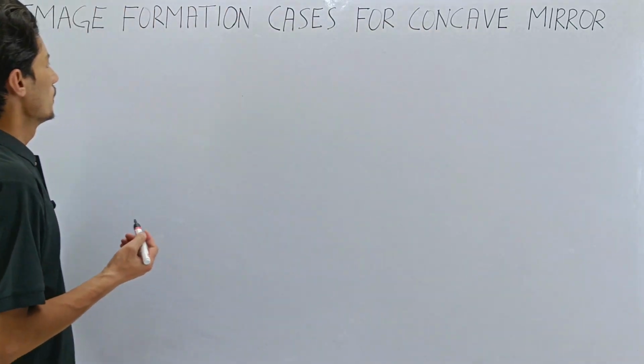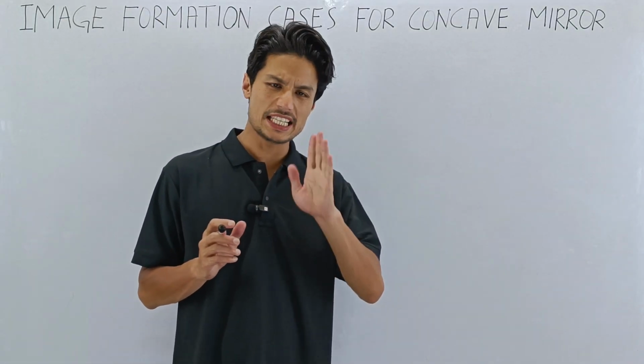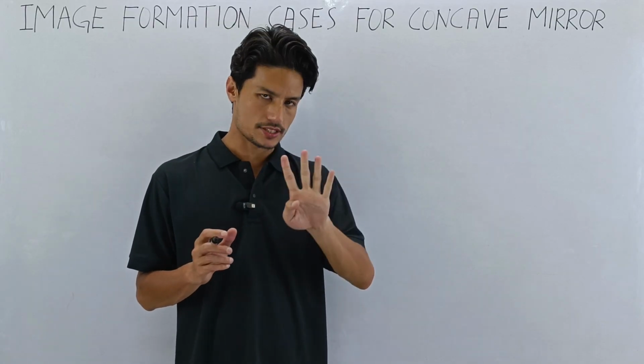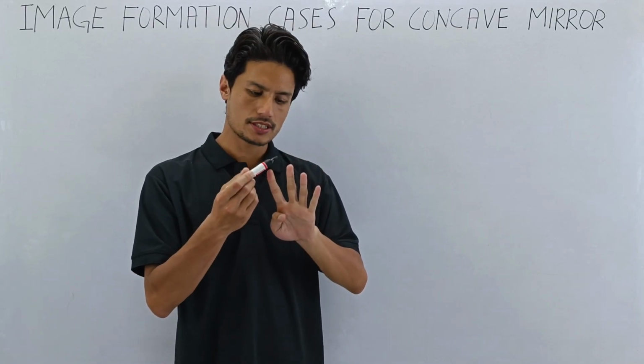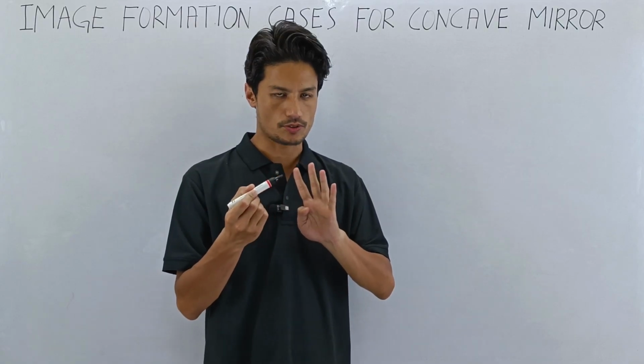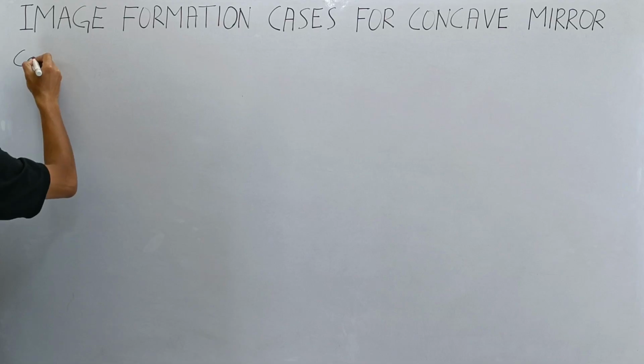So there are 6 cases, so we'll start with case 1. In each of the cases we will be studying 4 things: object position, image position, size, and nature. So let's start with case 1.